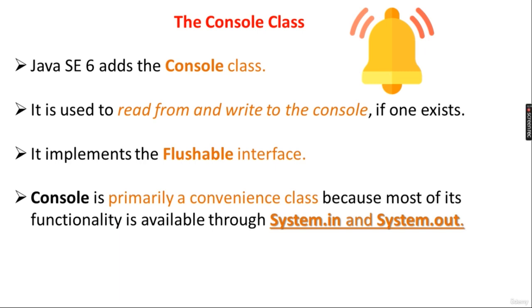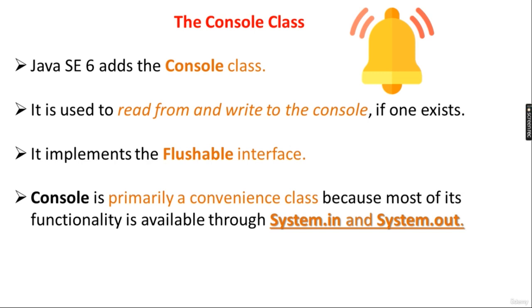Java 6 adds the Console class. It is used to read from and write to the console. It implements the Flushable interface. Console is primarily a convenience class because most of its functionality is available through System.in and System.out. So simple methods are available and the standard output device is the console.